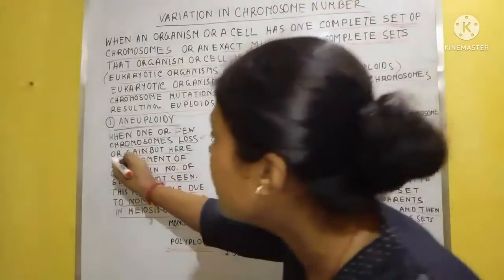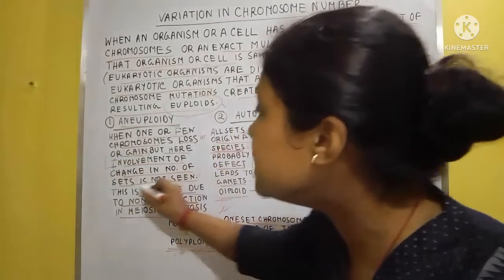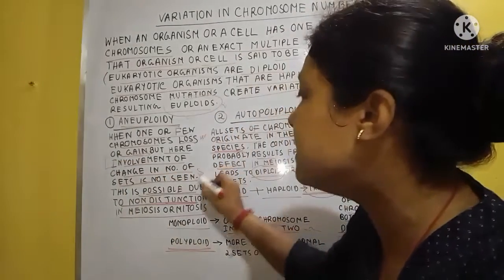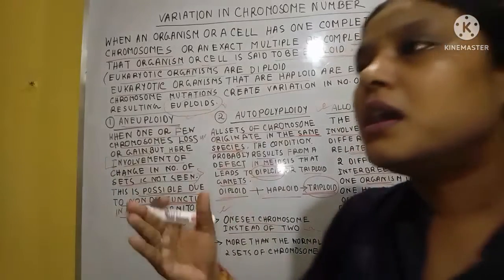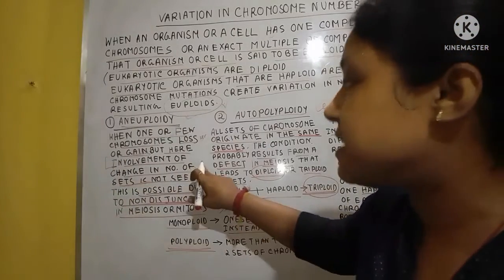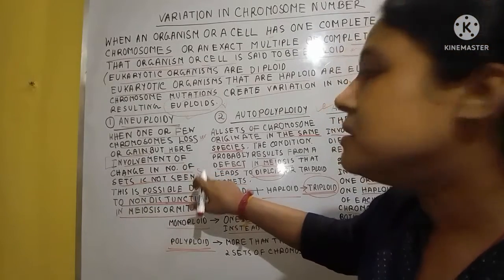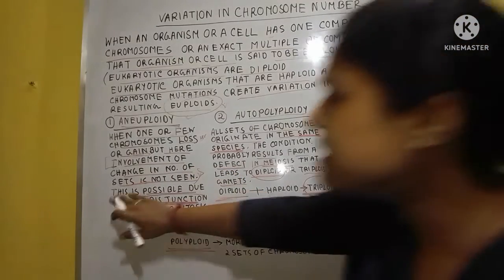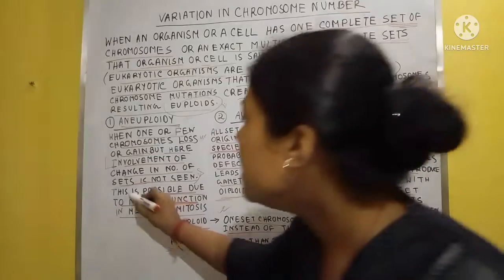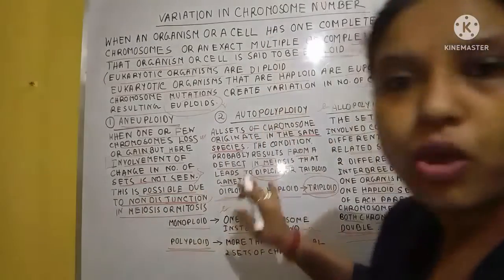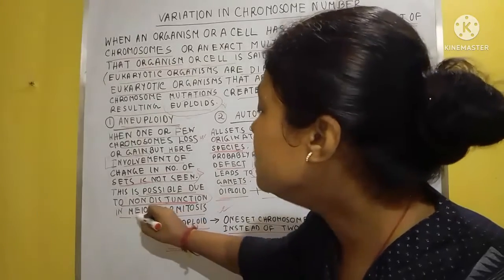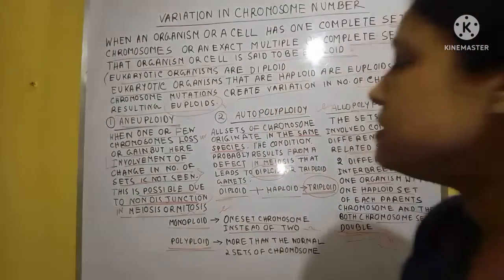It is very important: the number of sets does not change. The number of chromosomes may be increased or decreased, but the number of sets remains the same. This is generally possible due to the non-disjunction process, which occurs during meiosis or mitosis.